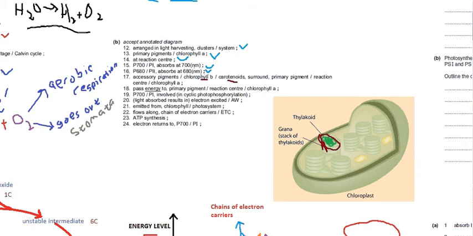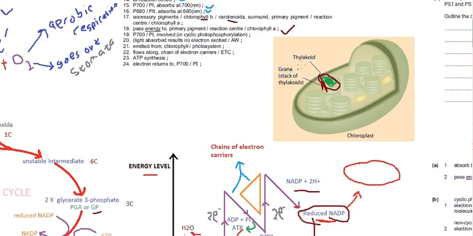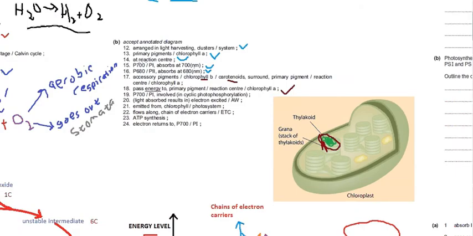Okay, and then the next thing is the energy is passed to primary pigments, reaction center chlorophyll A. Energy is passed to primary pigments. This is the same point I tried to make, that the accessory pigments take the energy and then they pass it to the primary pigments.